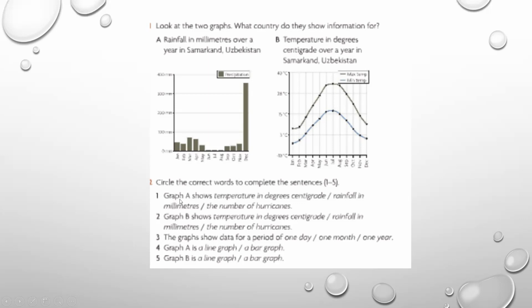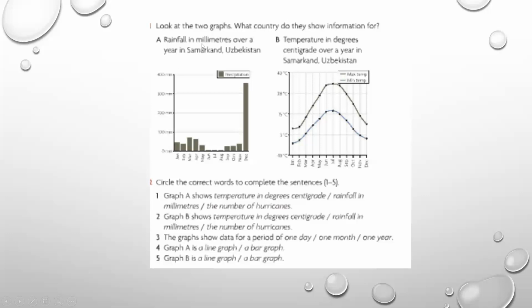Graph 1. Did you realize what is showing? Is it showing temperature or rainfall? It's showing rainfall, isn't it? The options are temperature in degrees, rainfall in millimeters, and number of hurricanes.